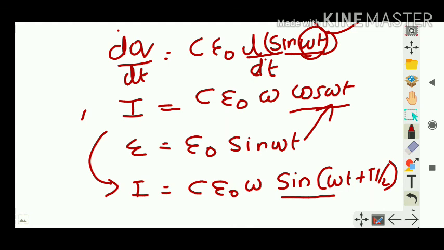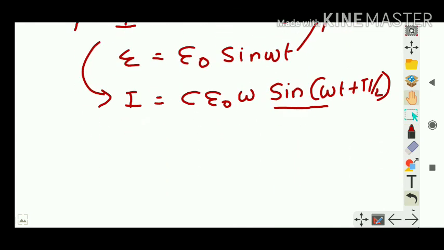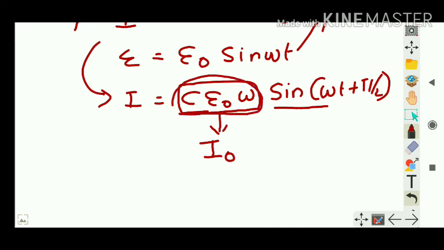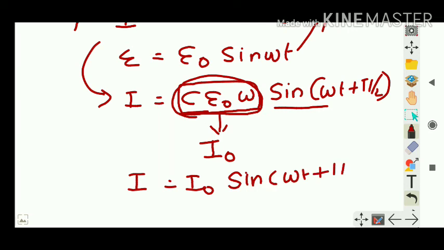That means I have a constant term also, that is C epsilon naught omega, right? Now this term can be put into a value, that is I naught, so that this entire constant term is replaced with I naught, means I is equal to I naught sine omega t plus pi by 2, right?